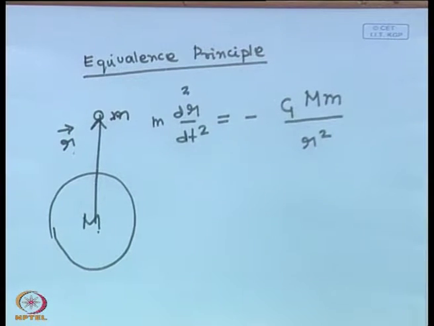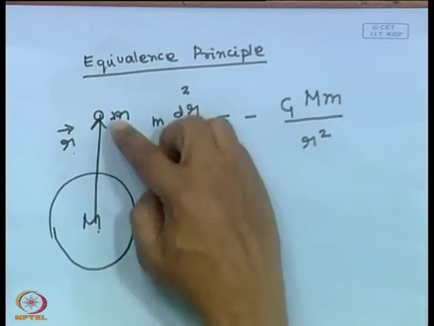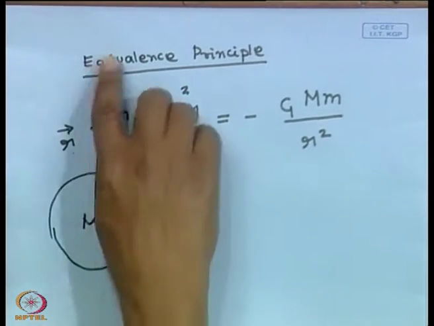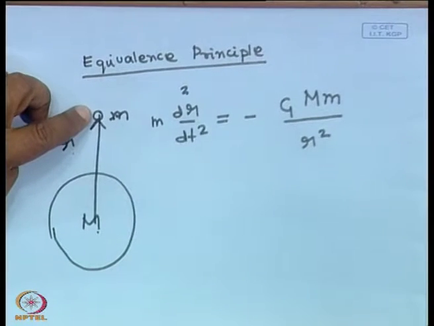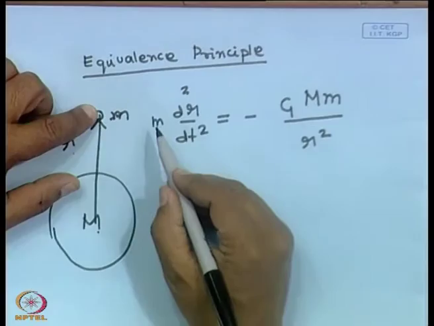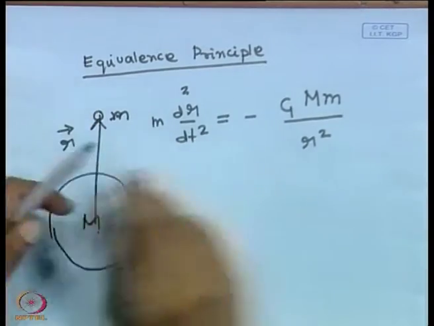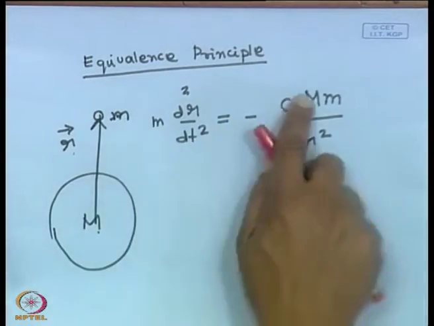That is the equation of motion for this particle, and it is going to move radially. Now, the point to note is that when I write the equation of motion of this particle, the same mass of this particle appears on both the left hand side and the right hand side.